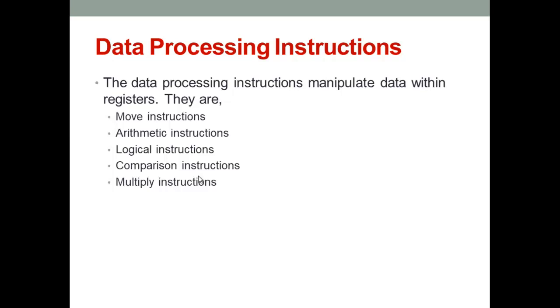R13 is what we call the stack pointer, R14 is called the link register, and R15 is what we call the program counter. So R0 to R12 are the registers we use to move data and for any instructions.